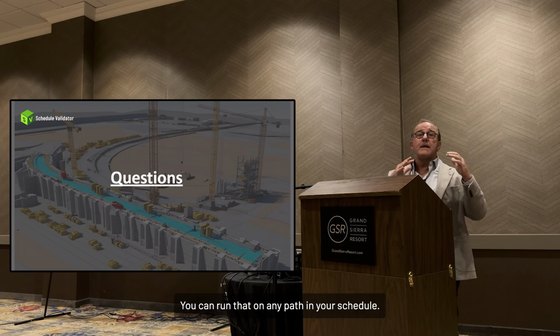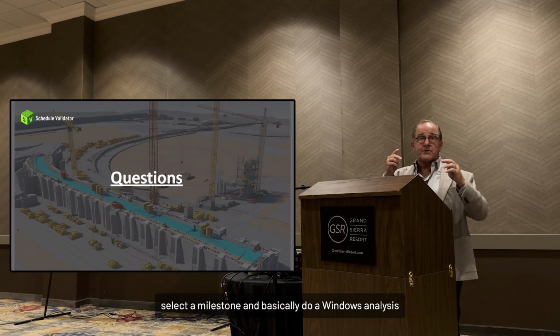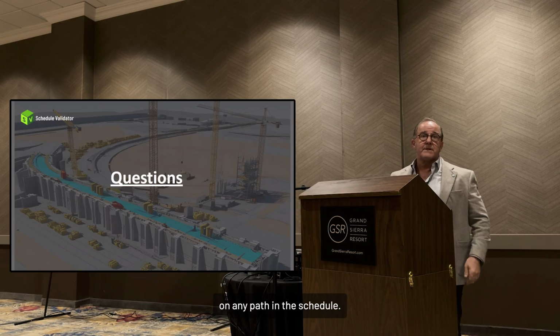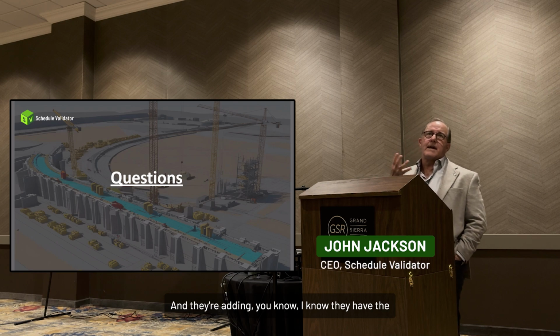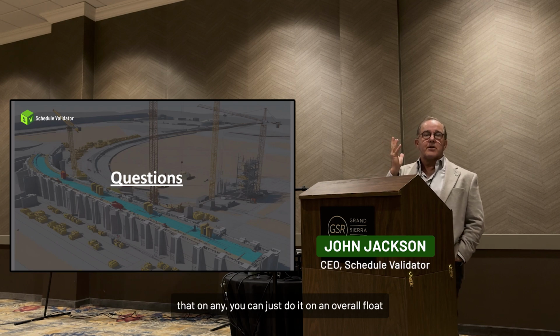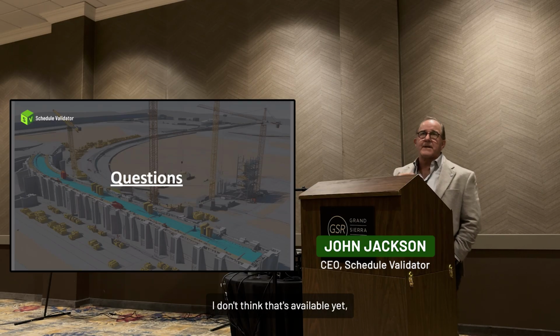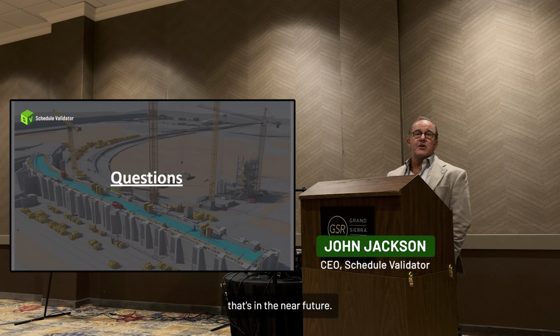You can run that on any path in your schedule. So whether it's near critical, any milestone, you can select a milestone and do a Windows analysis on any path in the schedule. And they're adding, I know they have the whole flow path thing coming out, where you can just do it on an overall flow path. I don't think that's available yet, but supposedly that's in the near future.